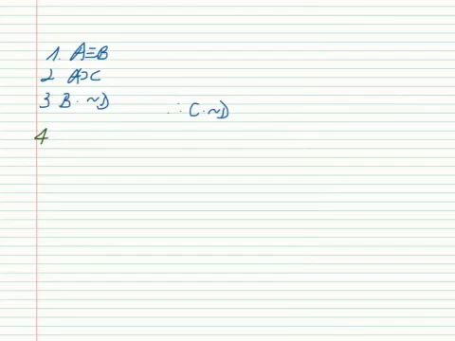So the first premise here is equivalent to if A then B and if B then A. That's pretty much the definition of the biconditional. When I introduced it to you, I defined it in this way.